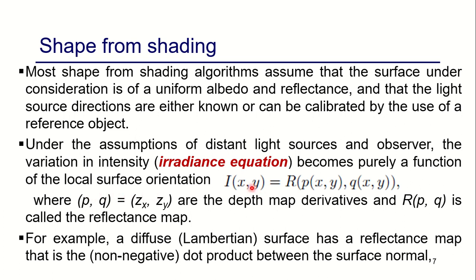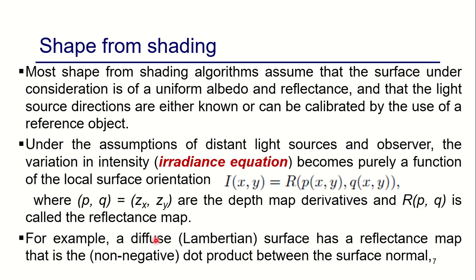I of x comma y is equal to R of p of x comma y comma q of x comma y, where p comma q, which is equal to z_x comma z_y, are the depth map derivatives, and R of p comma q is the reflectance map.